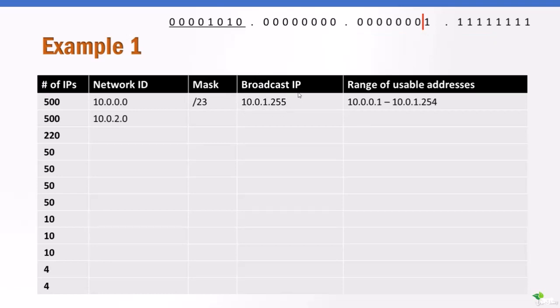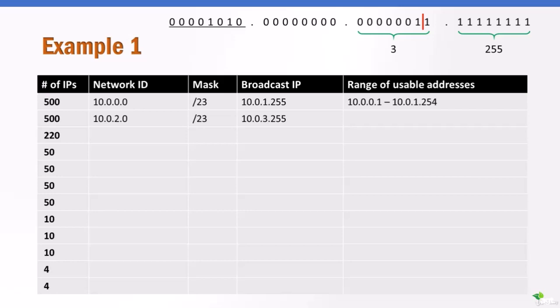Our next subnet's network ID is just going to be the next address after the broadcast IP from the first subnet, which is 10.0.2.0. And this is what it looks like in binary format. Now we're going to use a /23 mask here too, because we also need 500 hosts for this subnet. And then for the broadcast IP, we're going to switch the host bits to ones, which means that the third octet is now going to be 3 and the fourth octet is going to be 255.